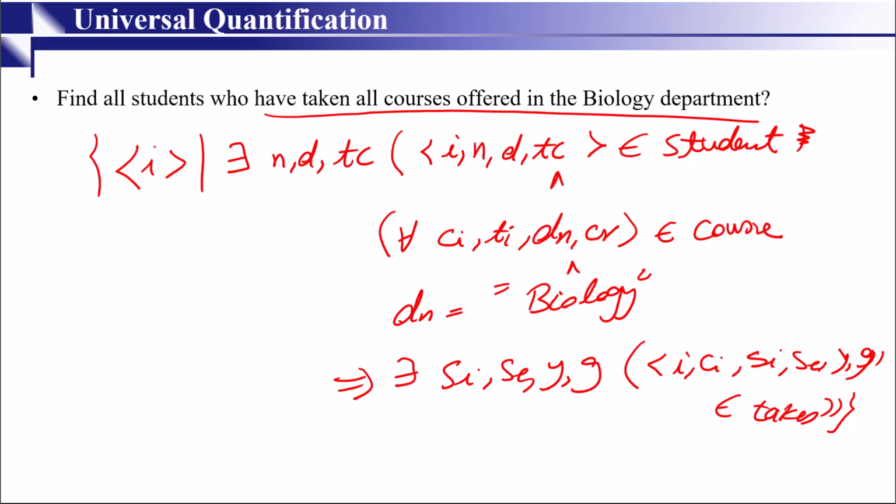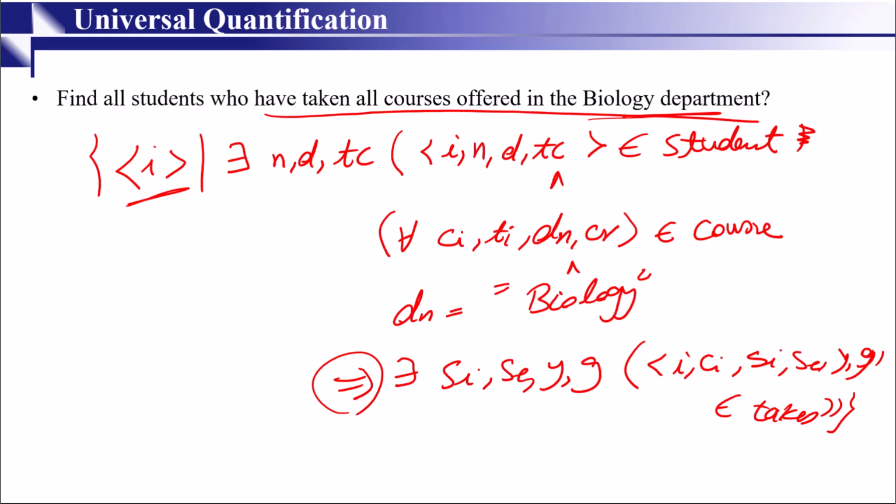So this query finds all students who have taken every course offered in biology department. This is a kind of nested quantifiers to check all biology courses. And this implication here is used to enforce that for every biology course the student must have a matching enrollment in takes. So here we have I, this is the output, only student ID.